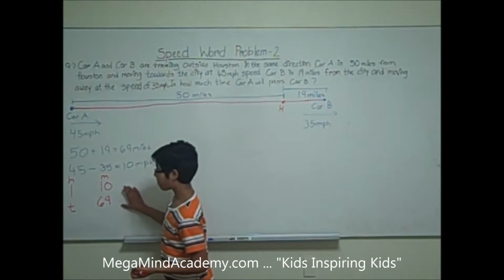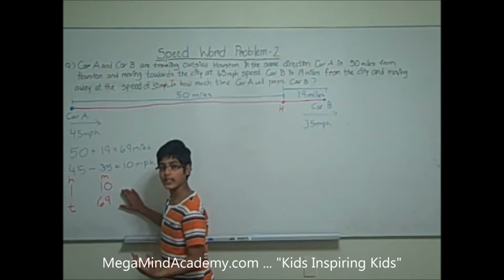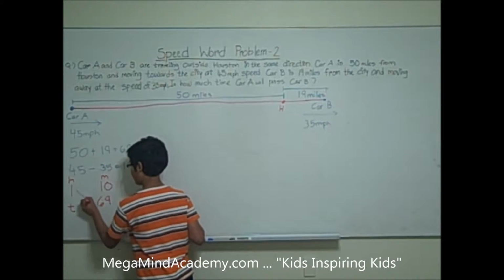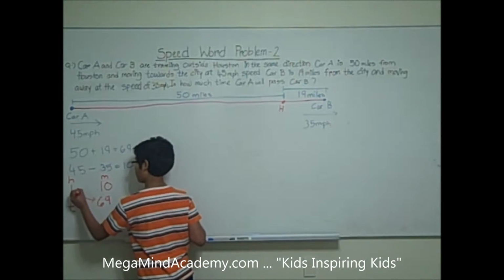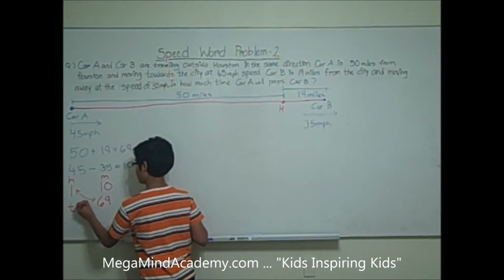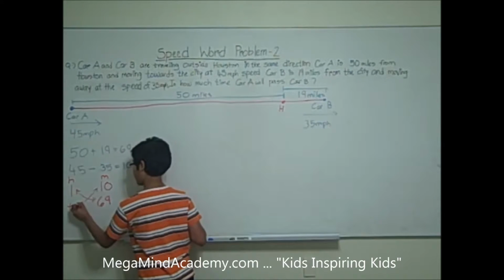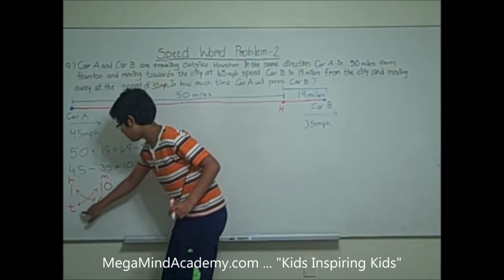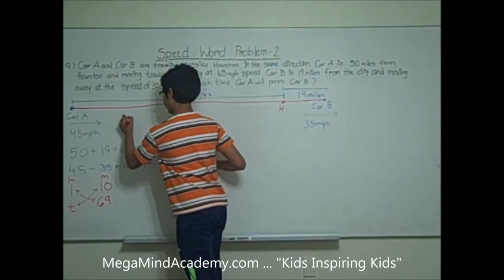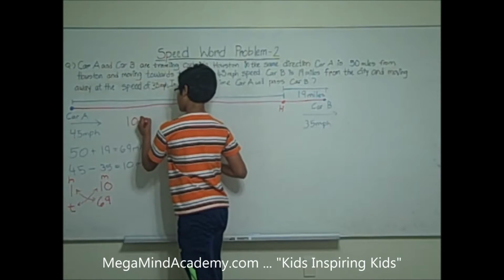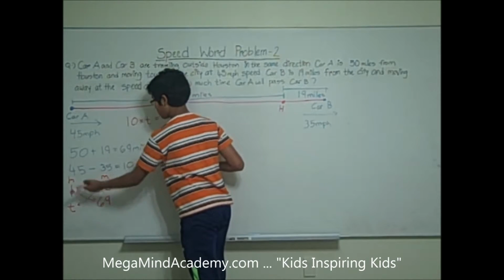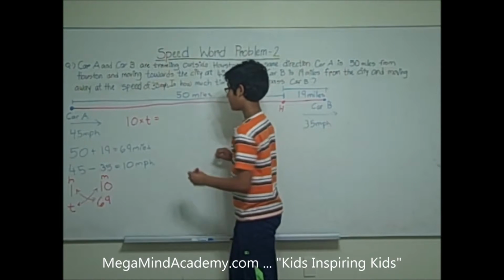Now to solve this part of the problem, we need to cross multiply. This means we multiply 1 with 69 and 10 with T. So we get 10 times T is equal to 69 times 1, which is 69.